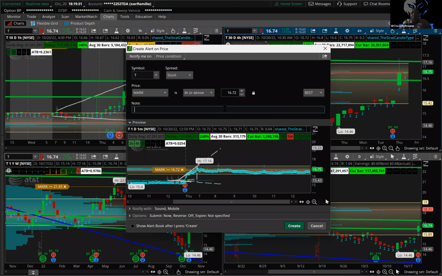So that's a good sign as well. Potential continuation tomorrow. But I look for at least a 2 up on the 4-hour and potentially 2 up on the day. But I think it's very likely you get a strong inside day on AT&T.